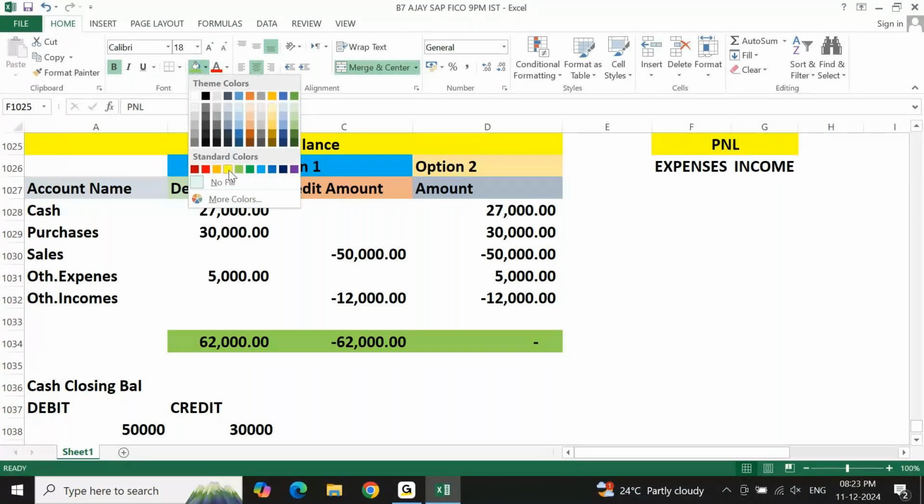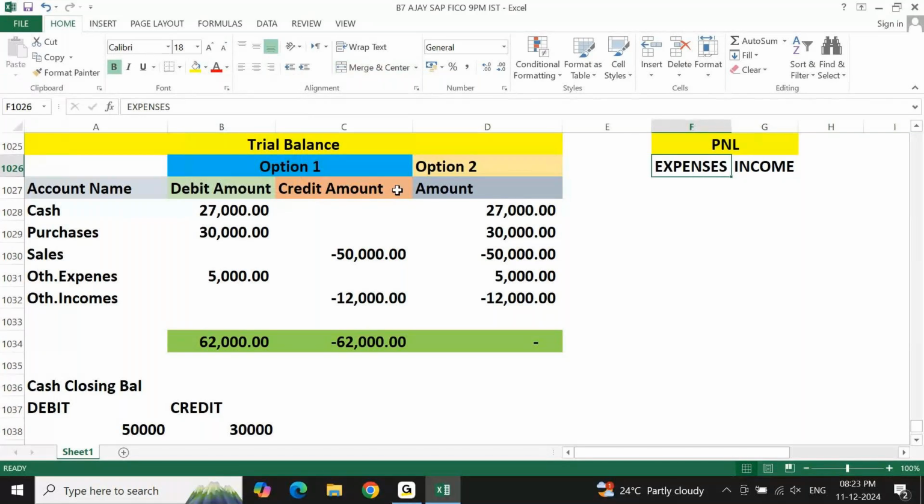Expense is a debit, income is a credit. Now I am only going to write the number here, not the account name, because slowly we need to ensure that by looking at the number in shortcut, we are able to visualize and understand what is happening there.